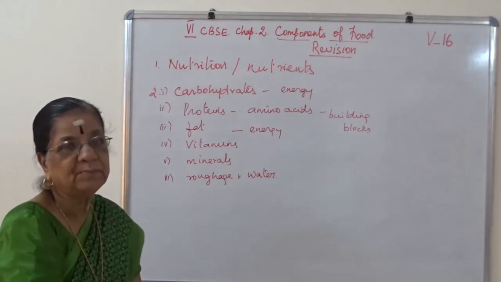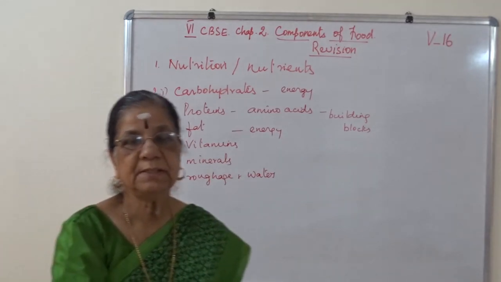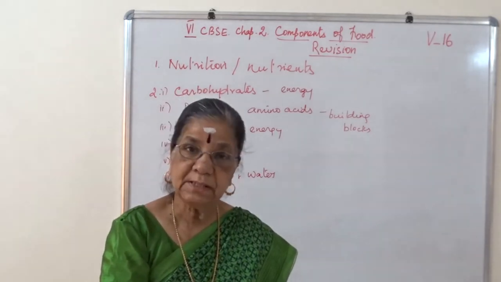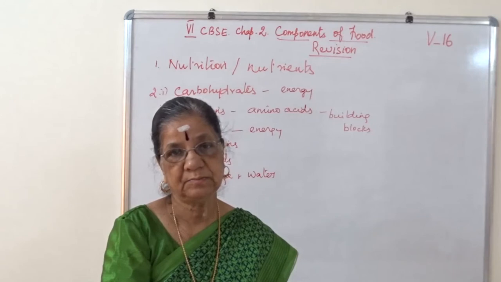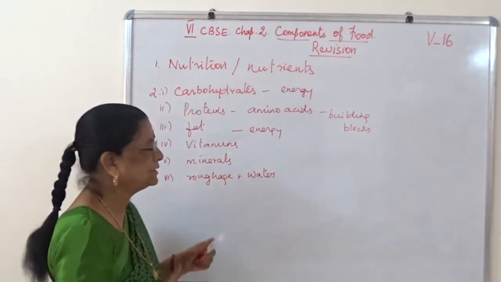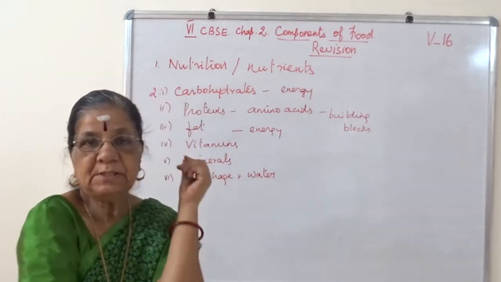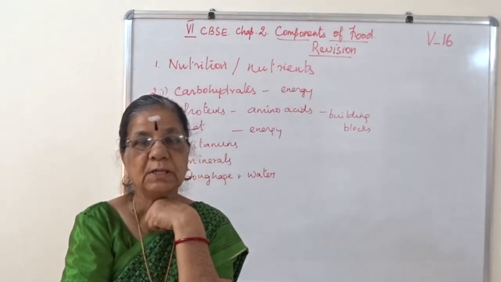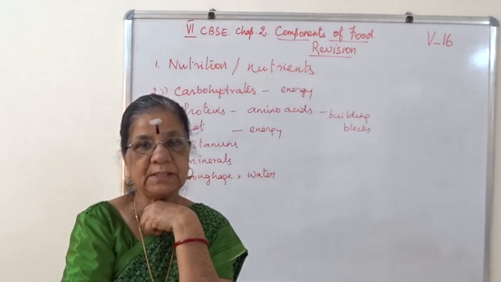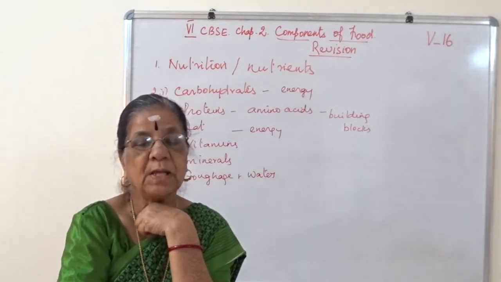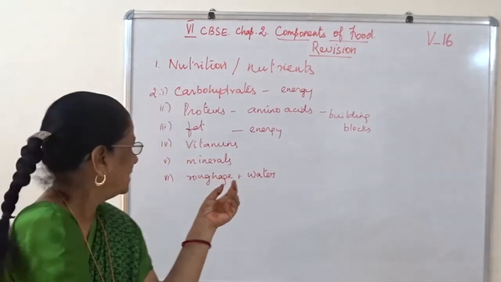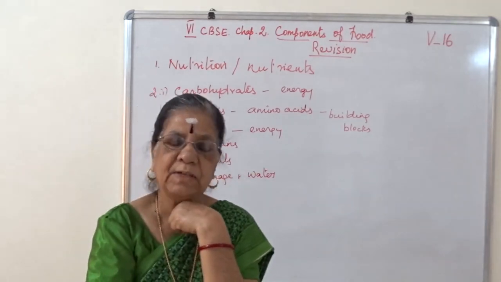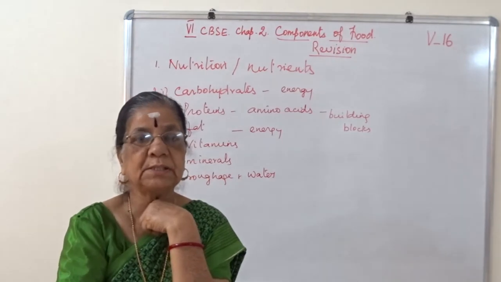Vitamins and minerals are required in very small quantity, but they are very much essential. Roughage is for the digestion of fiber content. And water plays a very important role.